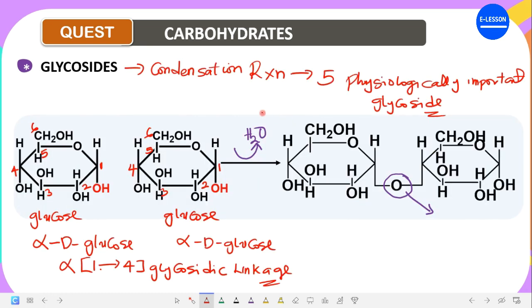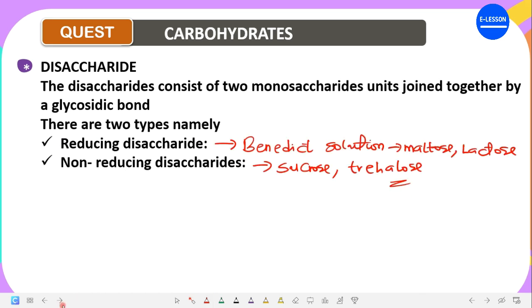For instance, this structure here is the structure of a disaccharide. This is a monosaccharide, and this is another monosaccharide, right? They join together to form a disaccharide. They are classified based on their reducing properties. Some are reducing disaccharides, while some are non-reducing. Examples of reducing are maltose and lactose. Examples of non-reducing are sucrose and cellulose.